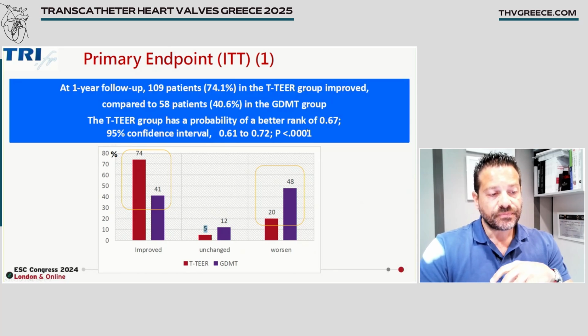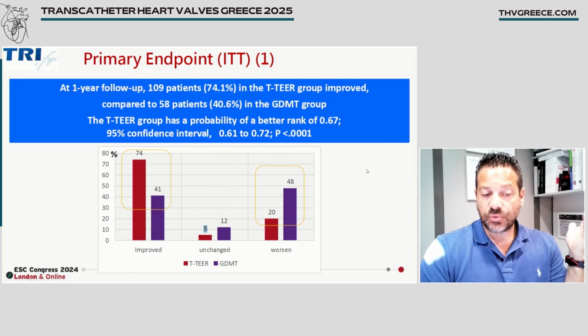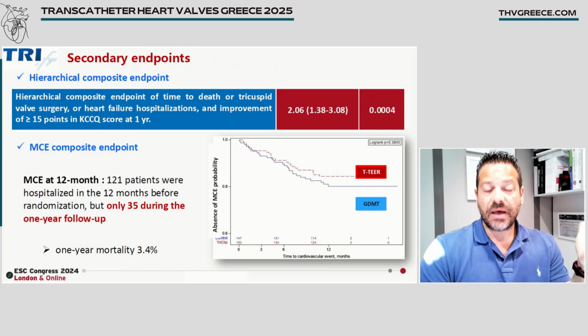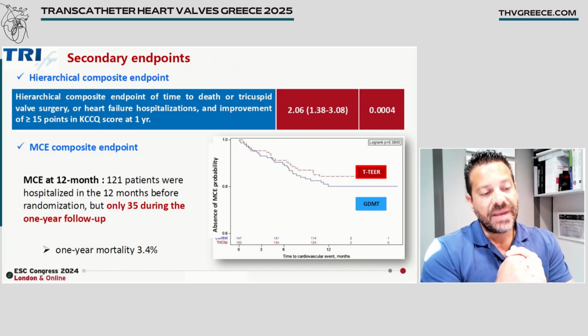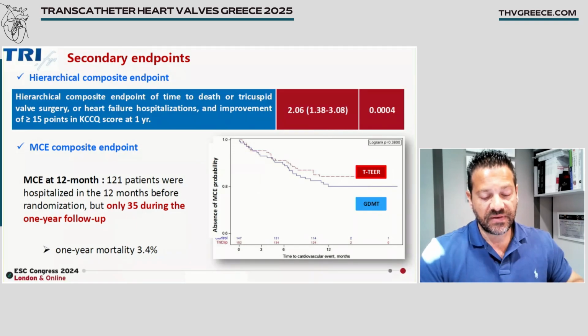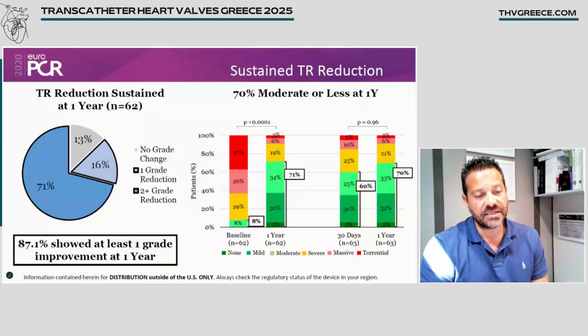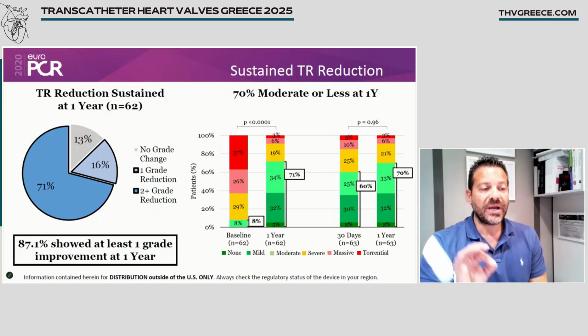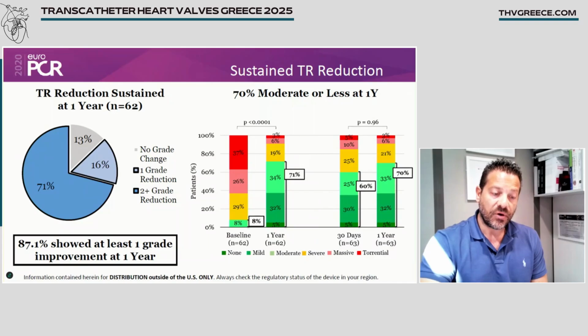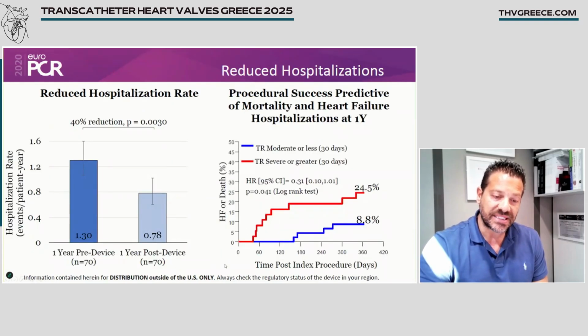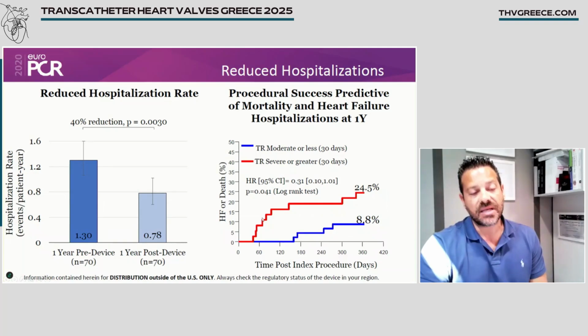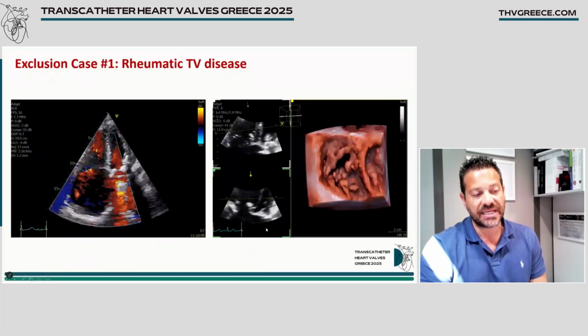We know from different trials that quality of life is the main result of this treatment, and we can have some survival increase in our patients as well. We have a sustained TR reduction after edge-to-edge repair over time. And if we achieve less than moderate TR at the end of the operation, then these patients have a better prognosis and fewer hospitalizations.